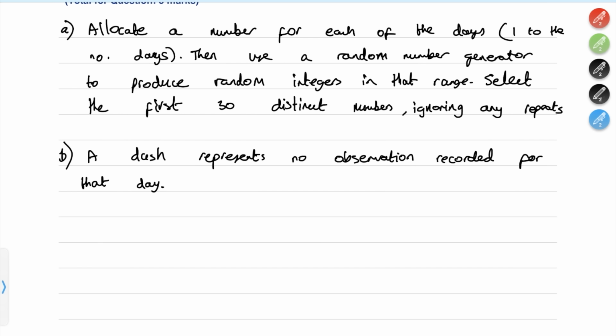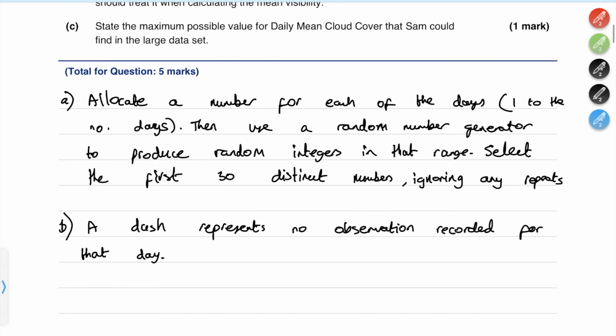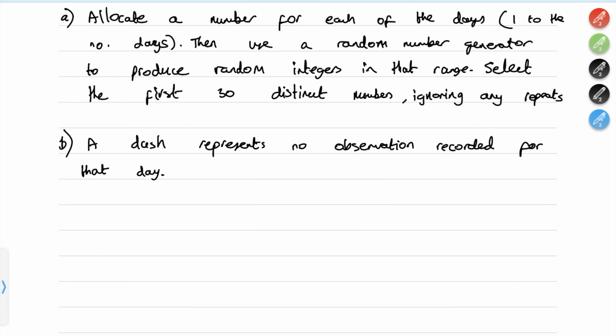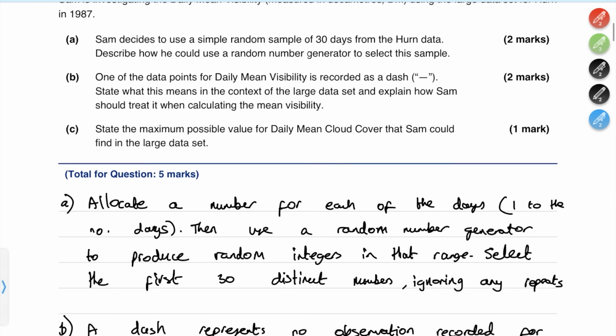We don't really have to say why, but all we have to say is that Sam should omit that data. They should just not include it at all, and it's important that it is not treated as 0. You have to say that, so you don't even include the data at all. So that's part B done.